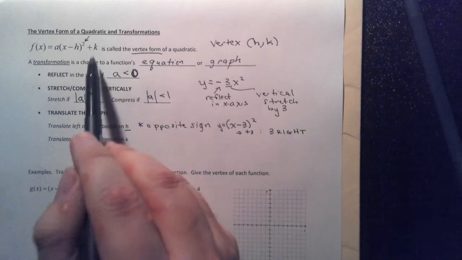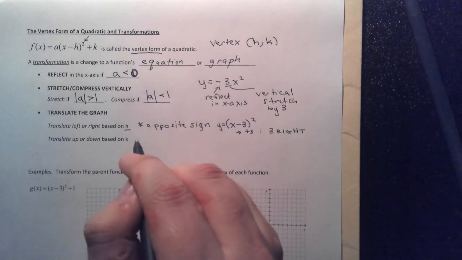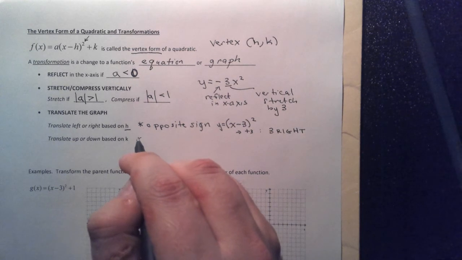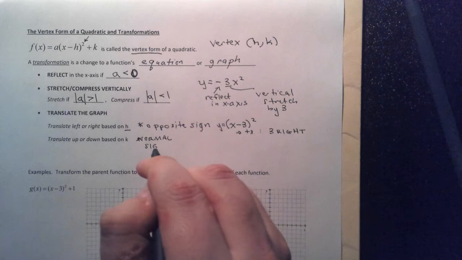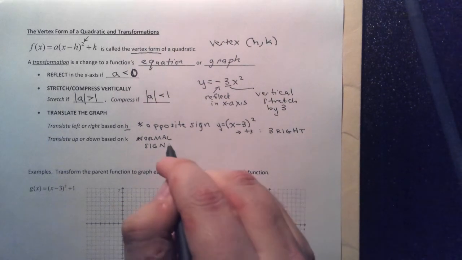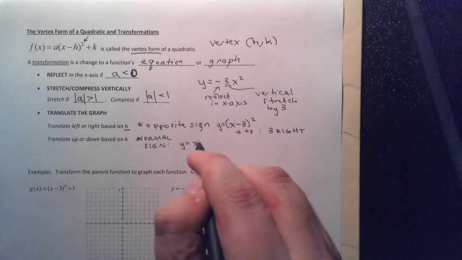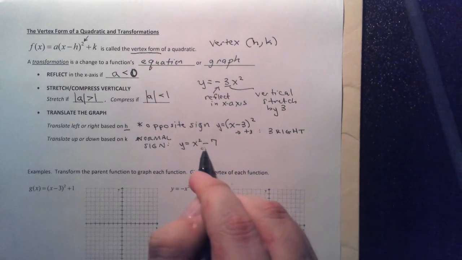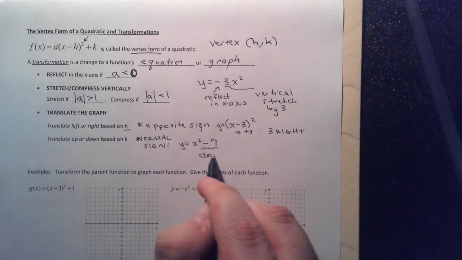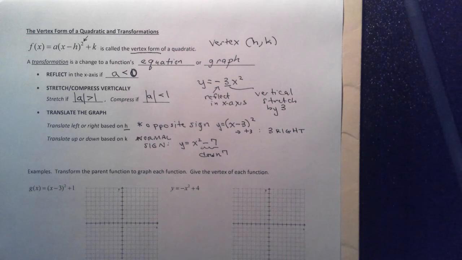K, this number that I add at the end, will be a normal sign. So if I see y equals x squared minus 7 means I will go down 7 units.